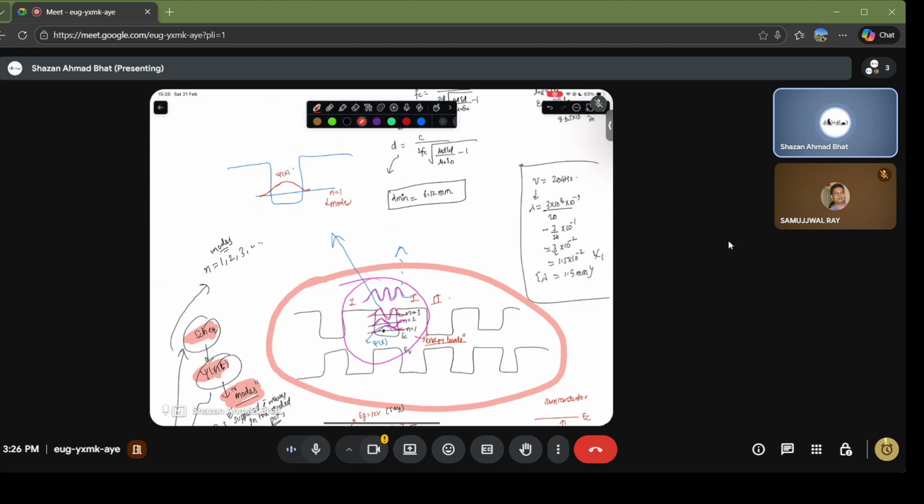And psi as a function of x, if you square it, is called the probability density function of an electron. It tells you exactly that at this point there is a maximum probability of finding the electron because it's peaking at this particular position.